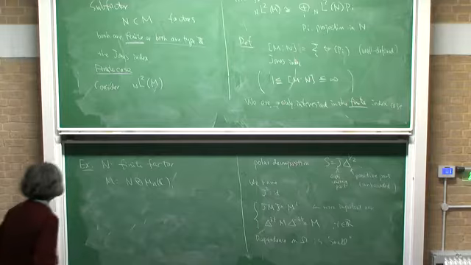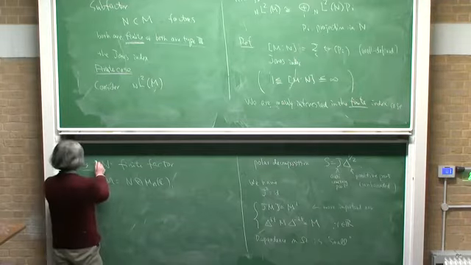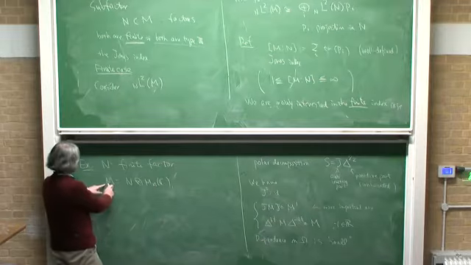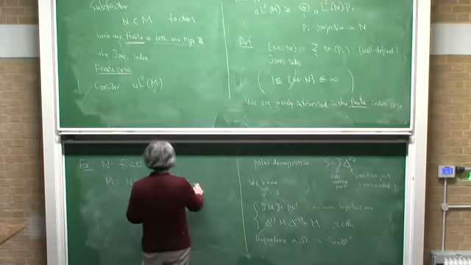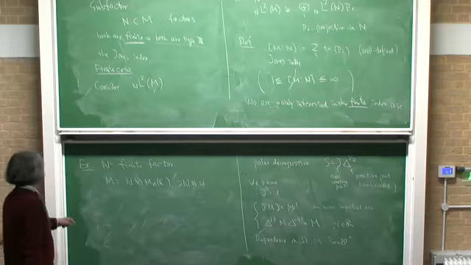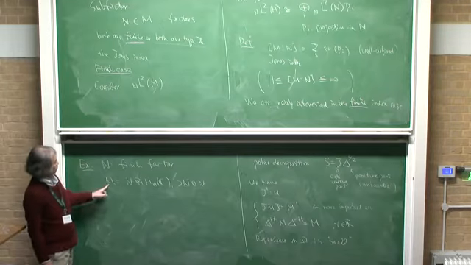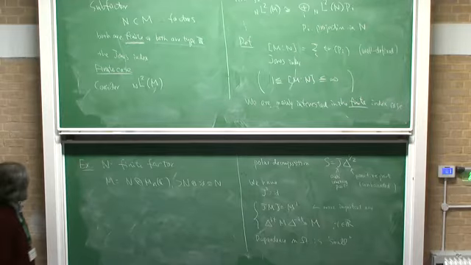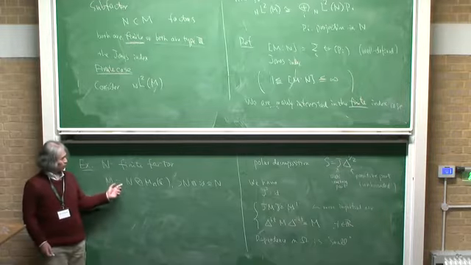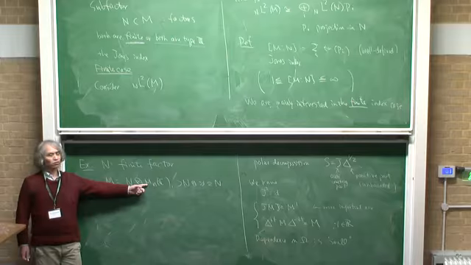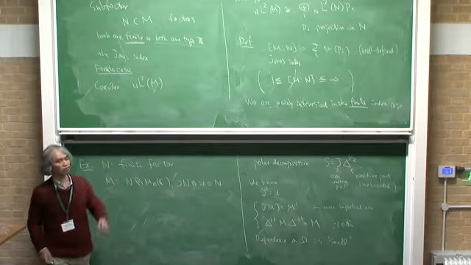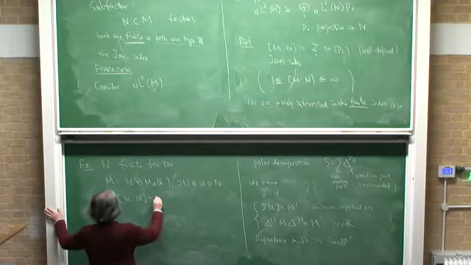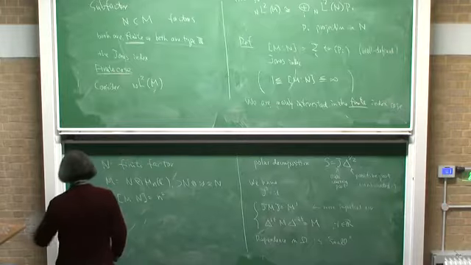Then N times the identity matrix is contained in M, so we can regard N as a subalgebra of M. In this case, from a naive viewpoint, M contains n squared copies of N. So that's actually the value of the index. So this is the easiest example.